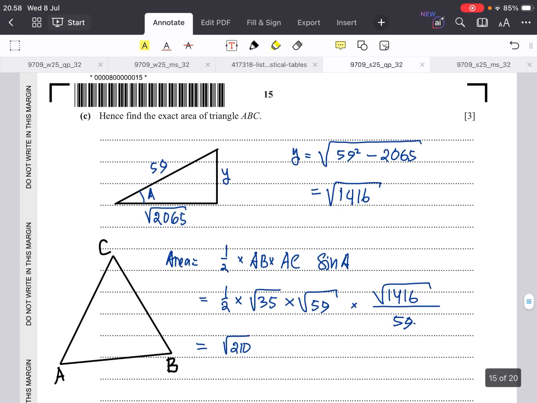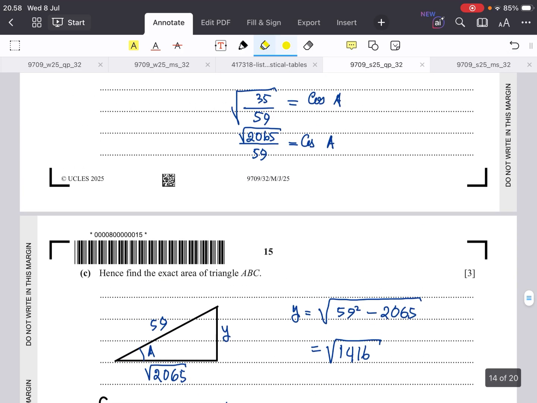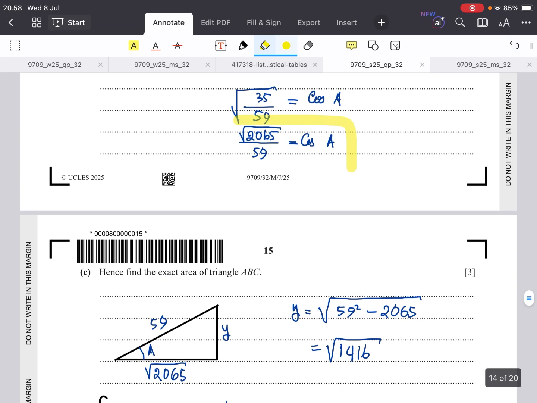C. Hence find the exact area of triangle ABC. In order to find area of triangle, we need to find the value of sine A. So we know that the value of cos A is square root of 2065 over 59.